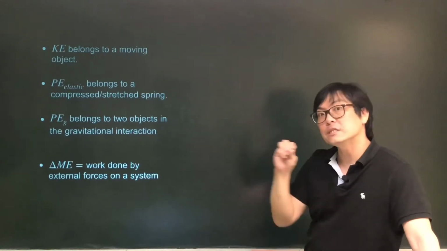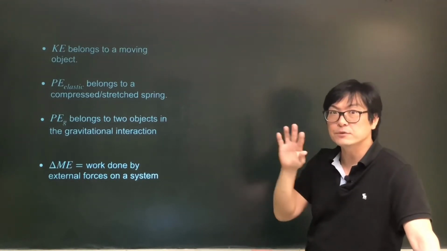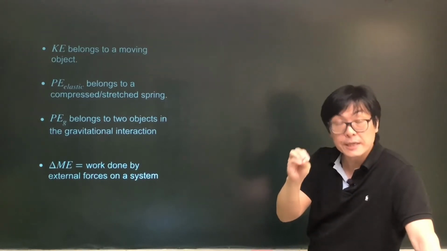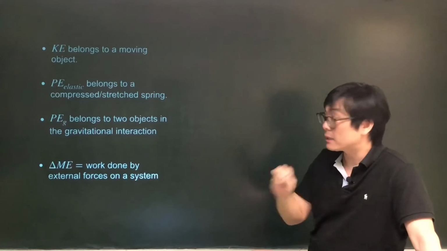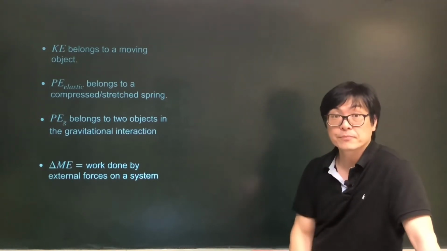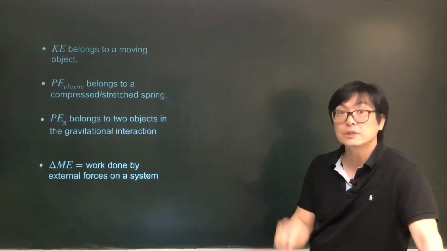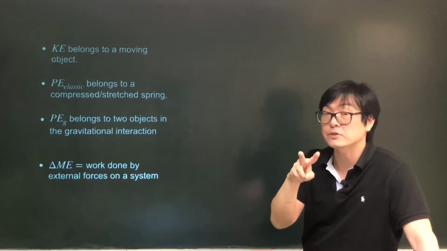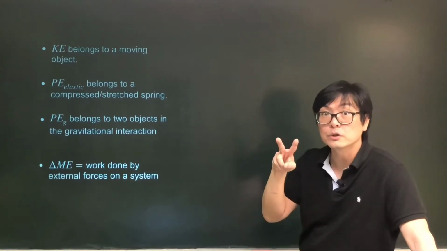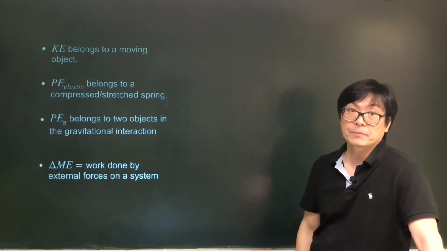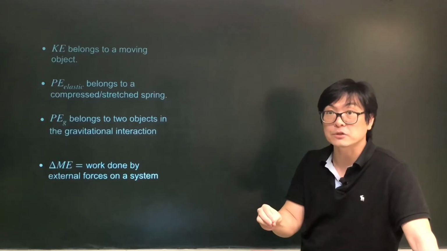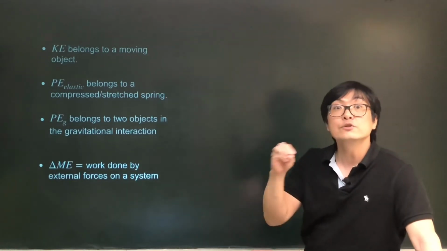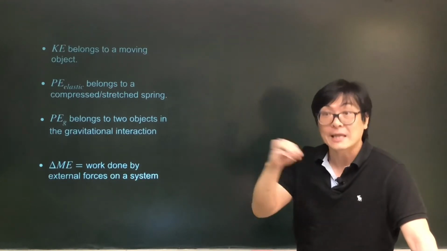The third one is important, and a lot of students are confused about it. Gravitational potential energy comes from the work done by the gravitational interaction, which is the gravitational force between two objects. So this gravitational potential energy belongs to both objects. If we are talking about gravitational potential energy due to the gravity force of the Earth, then you should have the Earth in our system.